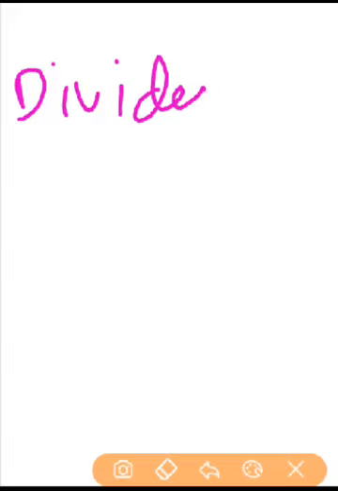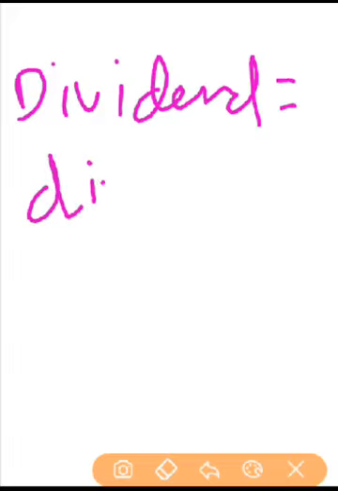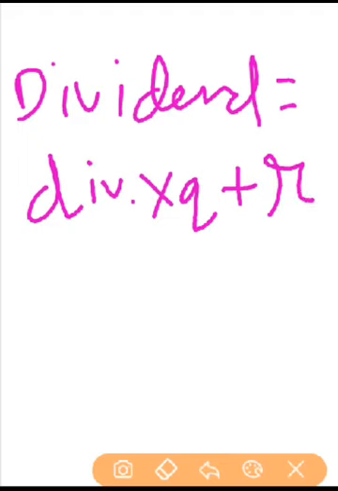That formula is also known as the division algorithm. That was: dividend is equal to divisor multiplied by quotient plus remainder, right?